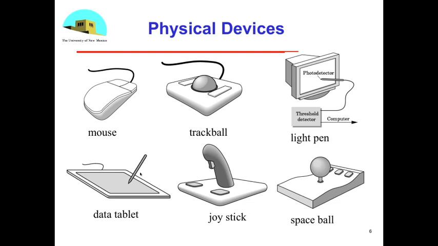And as we'll discuss a little more in a minute, they're relative positioning devices. You know how you pick up your mouse and you move it to another location. That doesn't change anything. So it's very hard to get an absolute position, like if you're tracing something out, if you're doing some kind of drawing application and you want to get the information from a drawing that somebody gave you by hand. You've got to be very, very careful with a device like a mouse or a trackball.